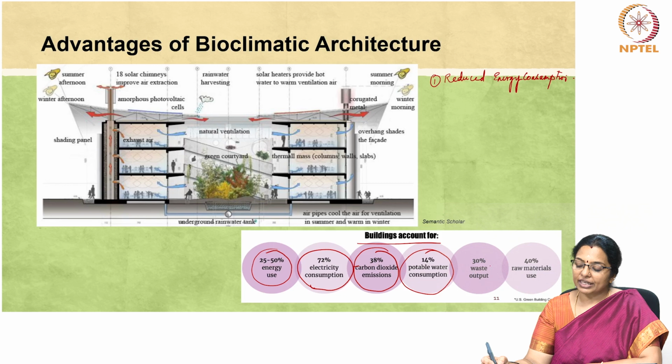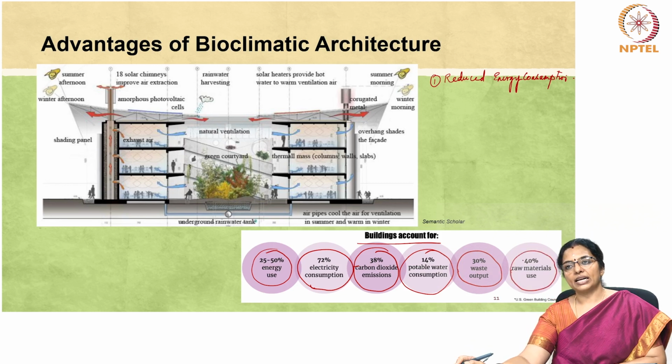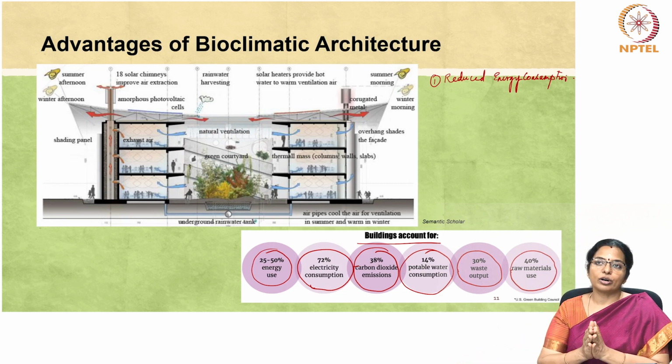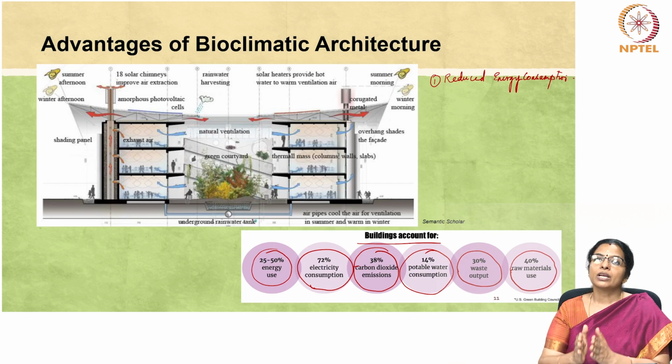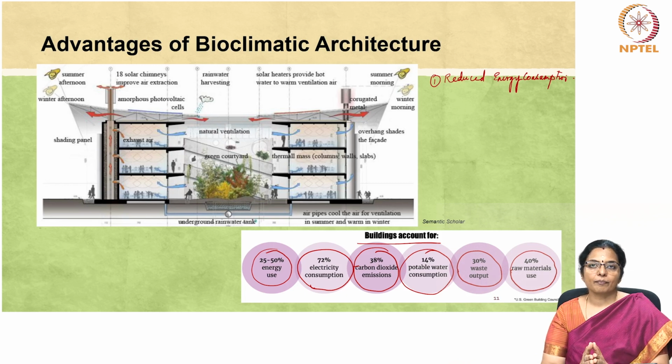How much ever we try to recycle, 30% of the waste output is contributed by buildings and 40% of raw material use is by buildings globally. And therefore, it becomes very important in today's time and date that we follow the principles of bioclimatic architecture, which aims to reduce the electricity use, thereby also reducing GHG, greenhouse gas emissions.